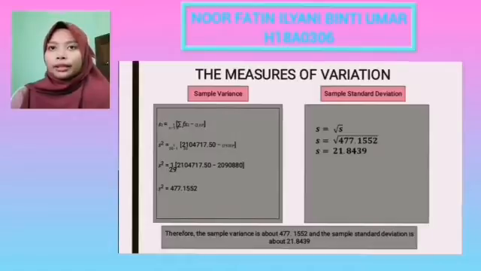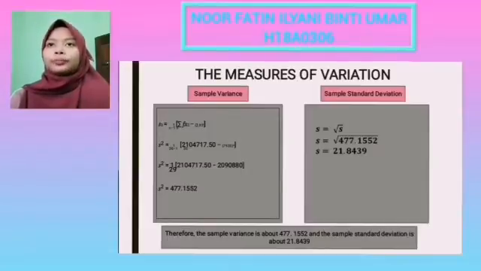Square root of sample variance means square root of 477.1552 equal to 21.8439.